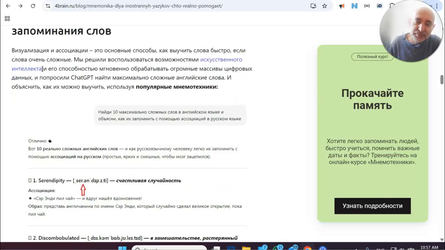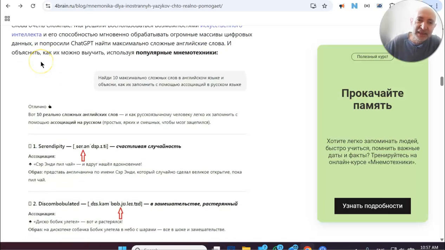Найди 10 максимально сложных слов в английском языке и объясни, как их запомнить с помощью ассоциаций в русском языке. Отлично! Вот 10 реально сложных английских слов. И как русскоязычному человеку легко их запомнить с помощью ассоциаций на русском, простых, ярких и смешных, чтобы мозг зацепился.